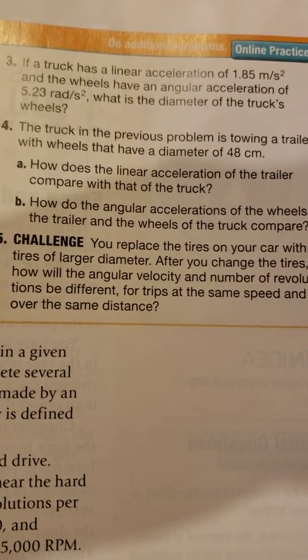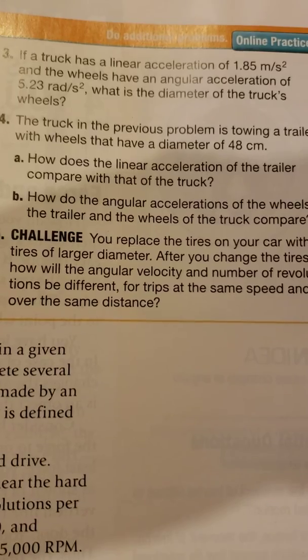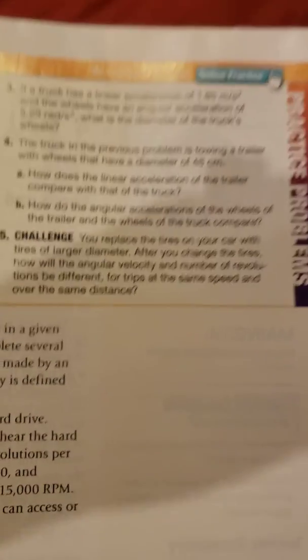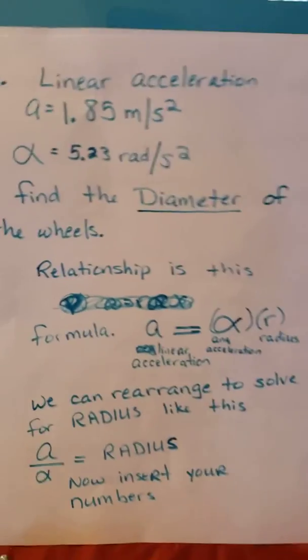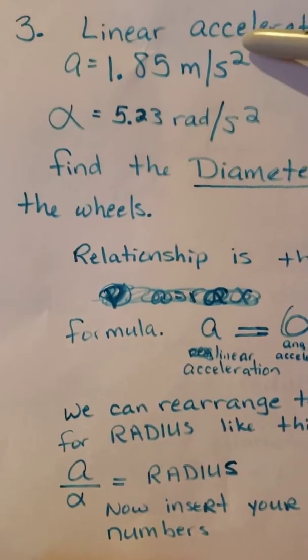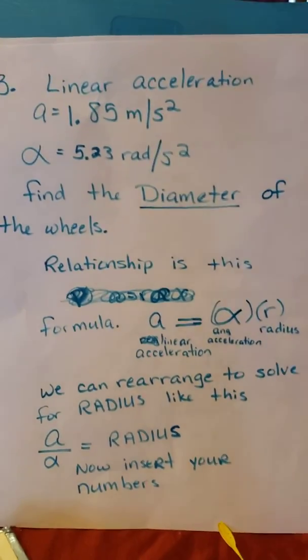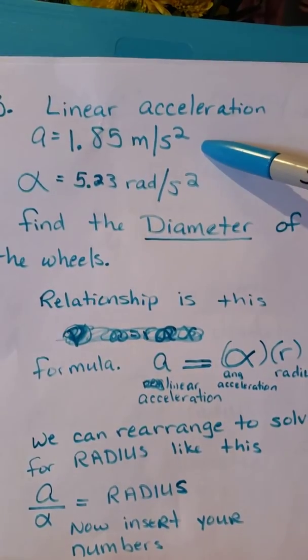Well, first of all, you have to know what the relationship is between linear acceleration and angular acceleration. So let me show you that. First of all, I just wrote down the information that was given to us because, in physics, that's what you do. So our linear acceleration is here.